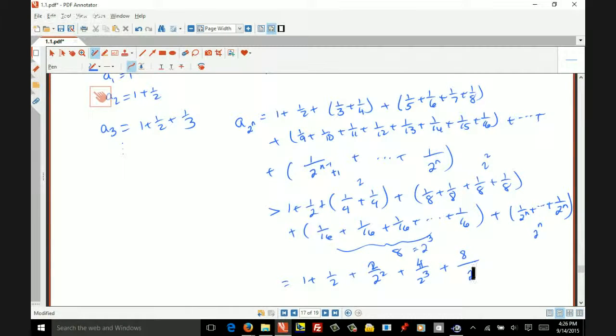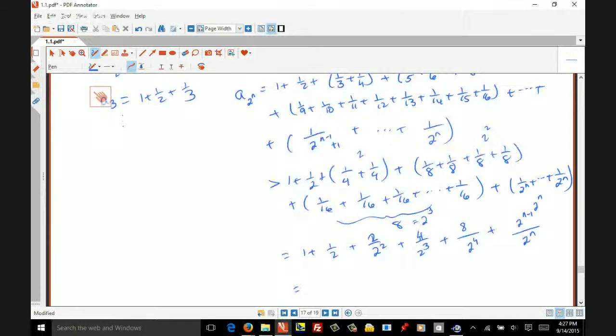All of them, 2 to the 4th. Yeah, all half, and this is going to be 2 to the n minus 1 over 2 to the n. But then what is that equal to? All half.